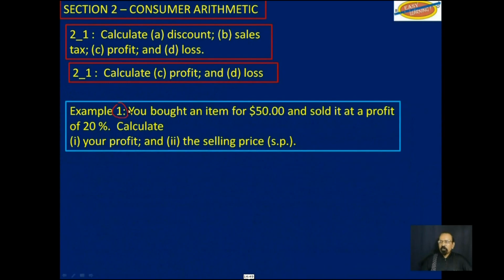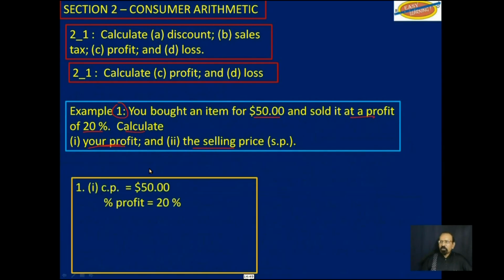Example 1. You bought an item for $50 and sold it at a profit of 20%. Calculate your profit and the selling price. So the cost price is $50. The profit is 20%.